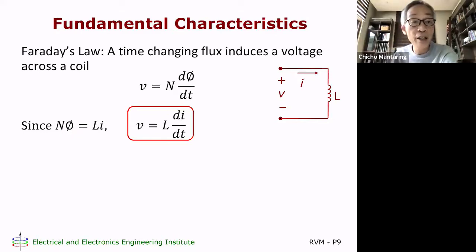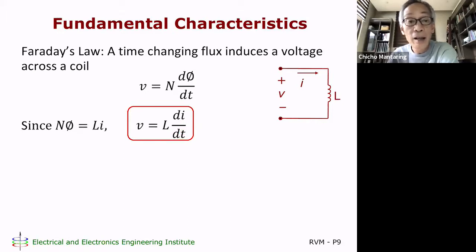We showed that earlier in the earlier slide. N phi, the total flux linkage, is proportional to the current. The constant of proportionality is your inductance. Meaning to say, if I substitute this expression for phi here, I'm going to get V is equal to L di by dt. The voltage across your coil is a function of the current that is flowing through the coil.